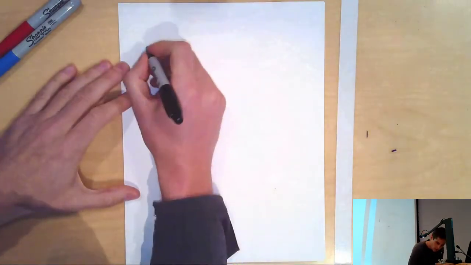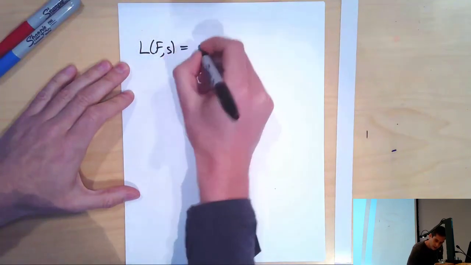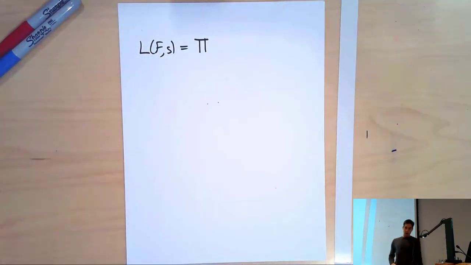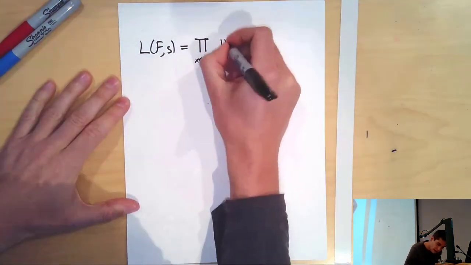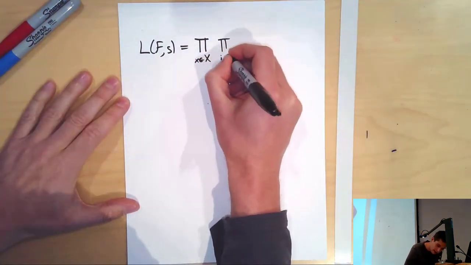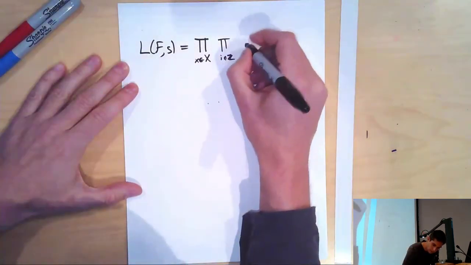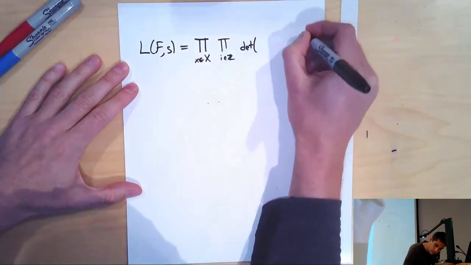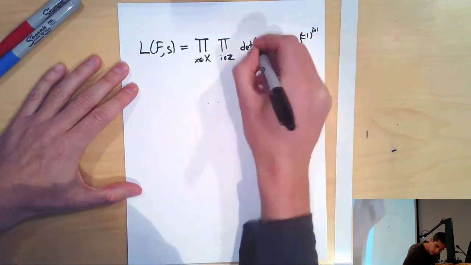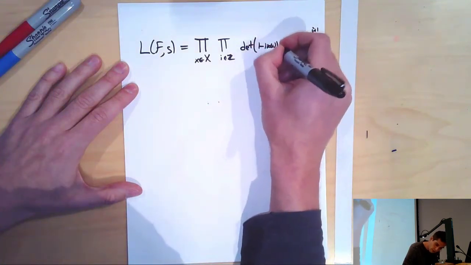So definition 1 is that the L function of F at the point s is a product over closed points of my variety and integers i of the determinant of 1 minus the size of the residue field.